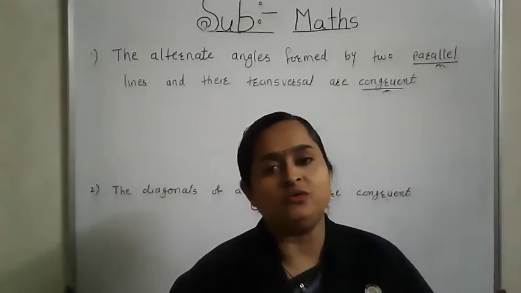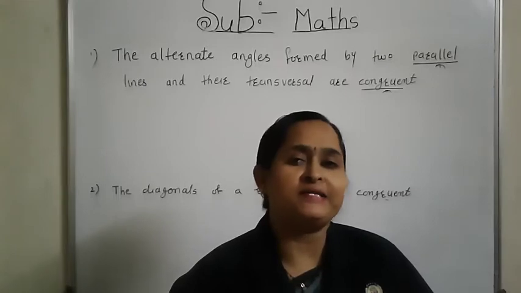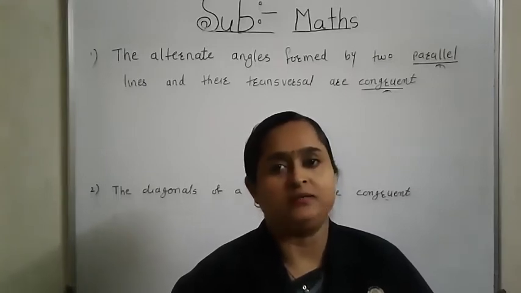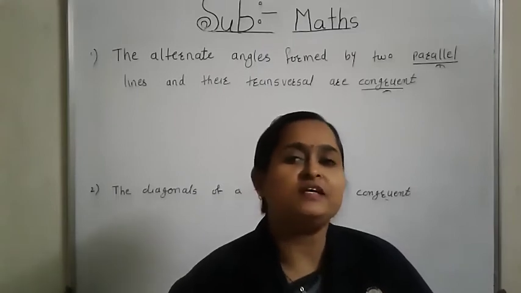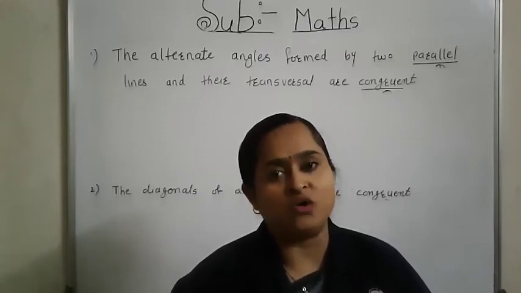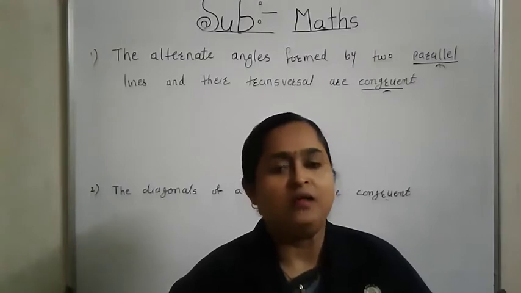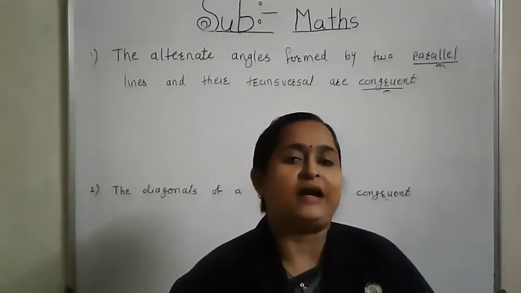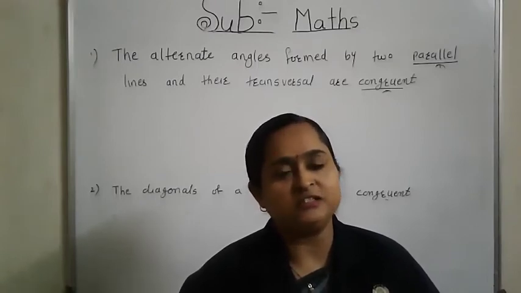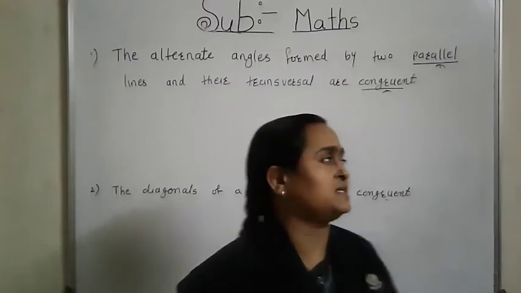Now we will study about converse. If the antecedent and the consequent in a given conditional statements are interchanged, then the resulting statement is called the converse of the given statement. Now we will see practice set 1.3 question number 2. Write the converses of the following statements. Now first statement is given.